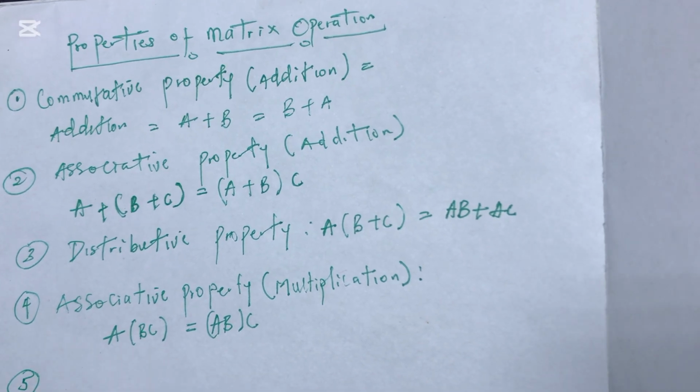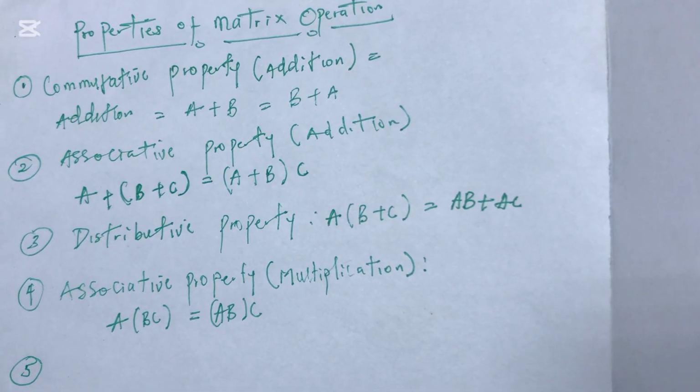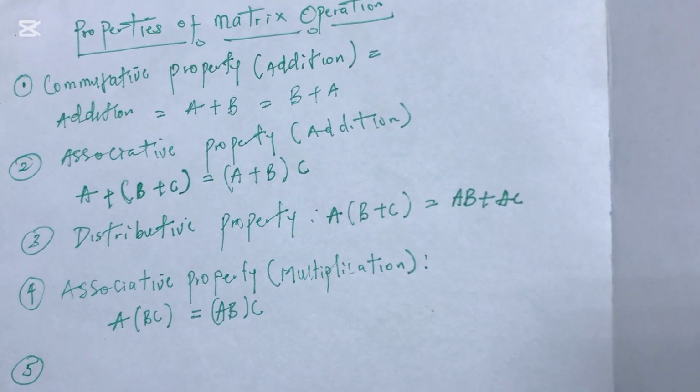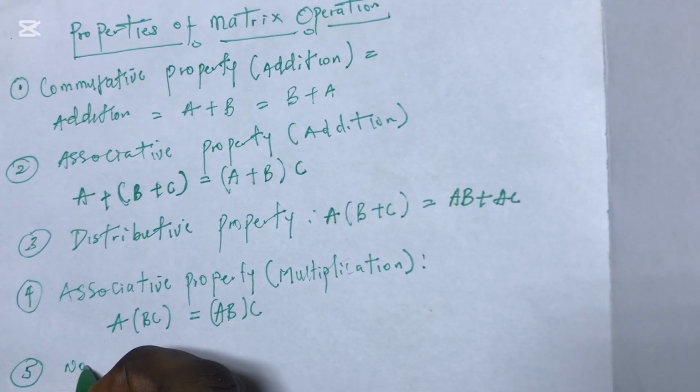And the last one, we have the non-commutative property, that's the multiplication.